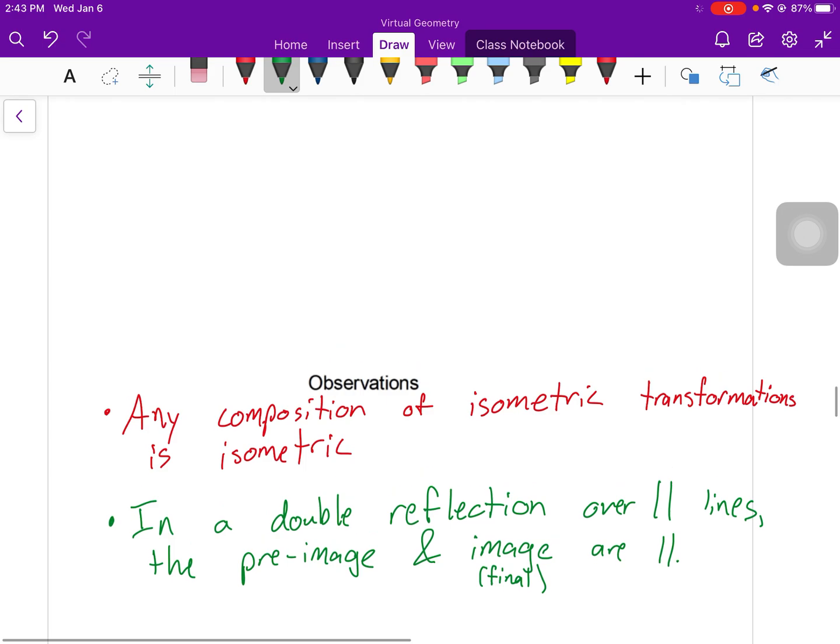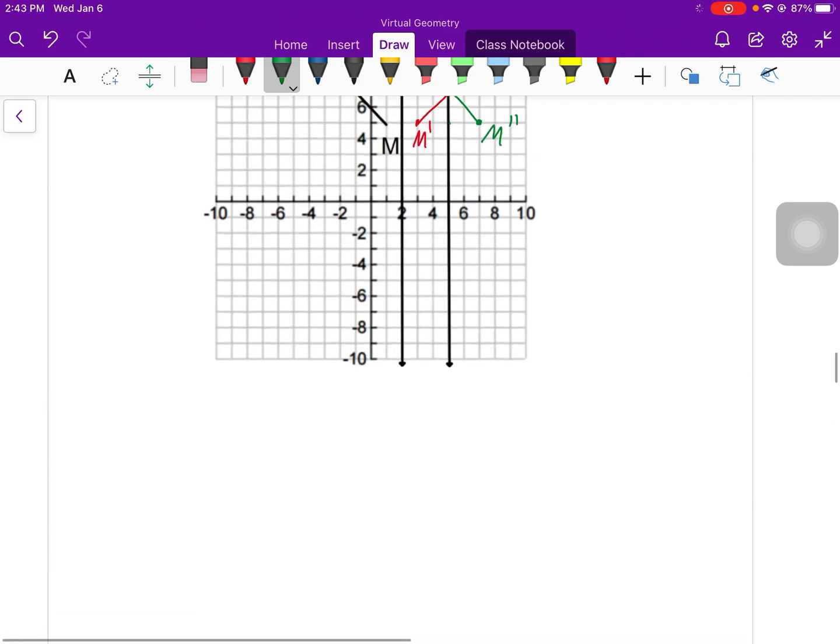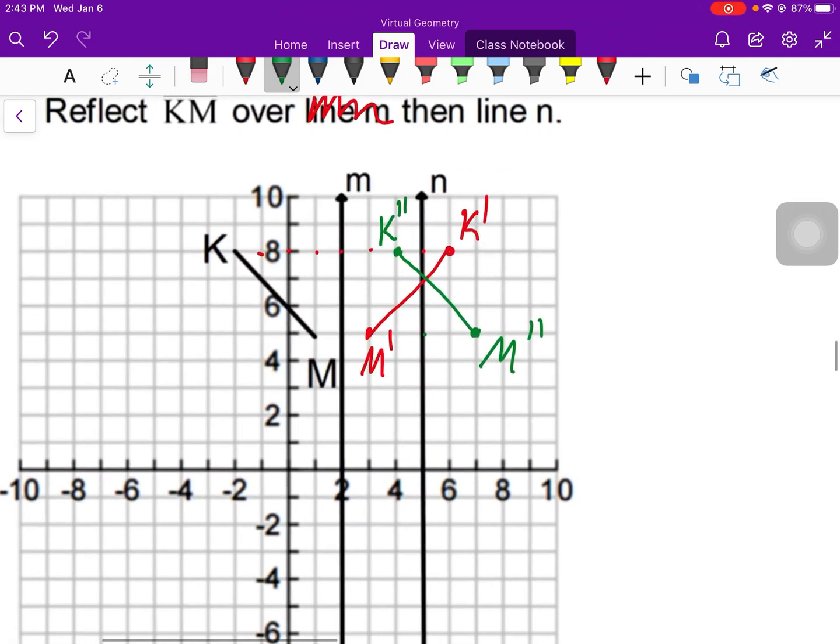So if we go back to that picture that we just did a little bit ago, KM and K double prime M double prime are parallel. If we find our slopes, these slopes are pretty easy. It's negative 1, up 1, over 1 to the left for each of those. They have the exact same slope, so they are parallel.